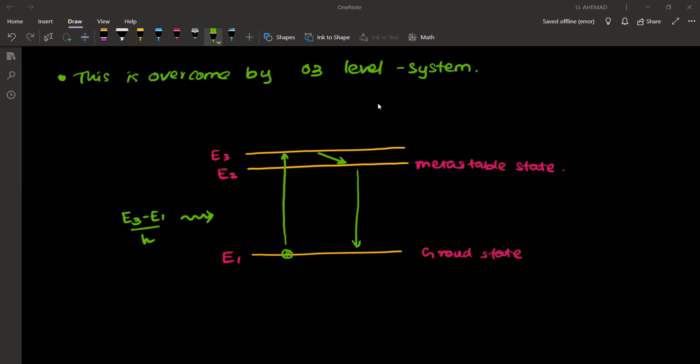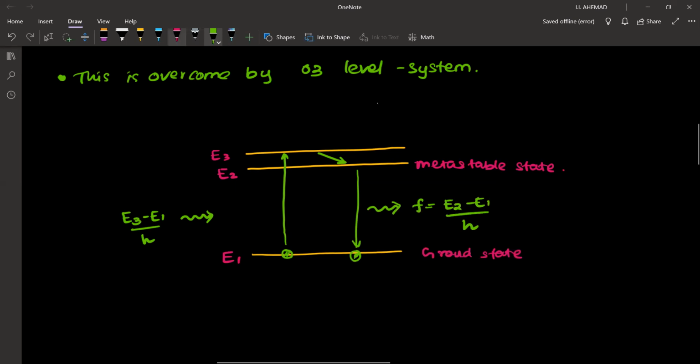From the second level, by spontaneous emission, it comes to the metastable level. From there, it will fall back to the ground level, emitting a photon of frequency (E2 minus E1) over h.